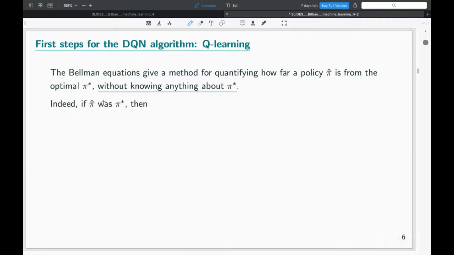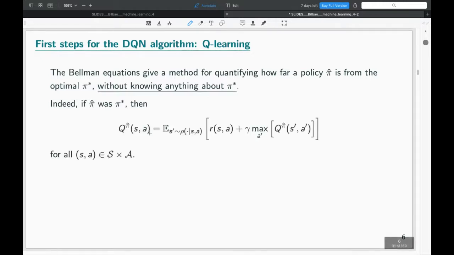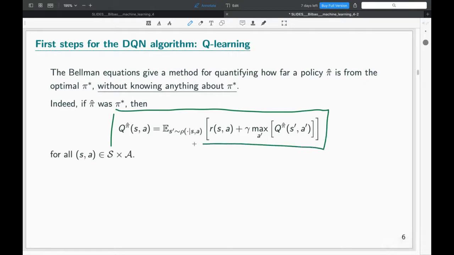Because if our policy was indeed the optimal one, then we would have that the Bellman equation for our policy satisfies this equality. This is the Bellman equation for the optimal policy.